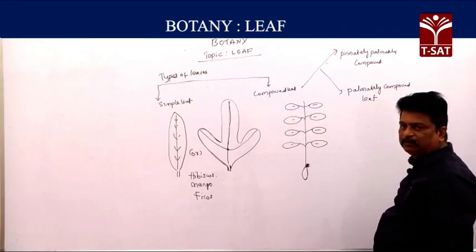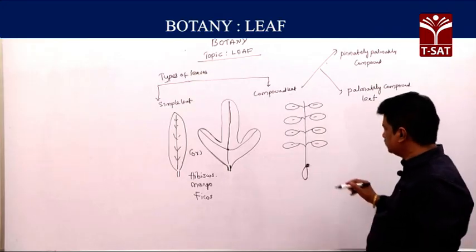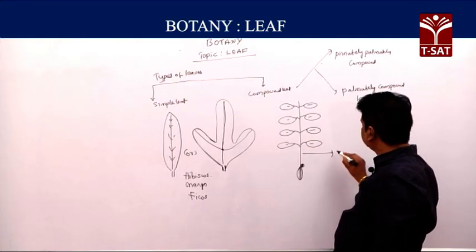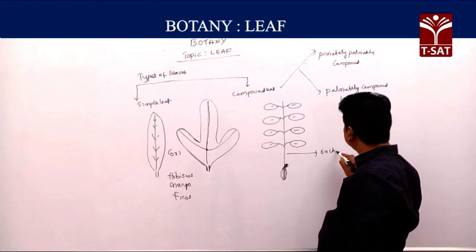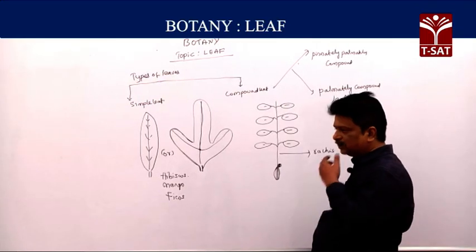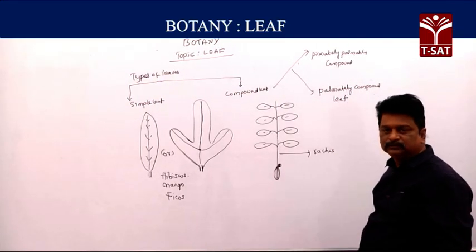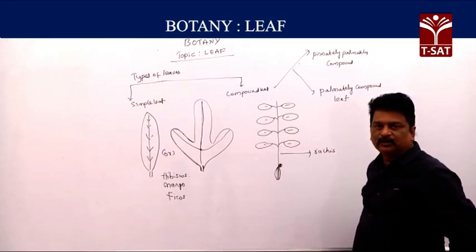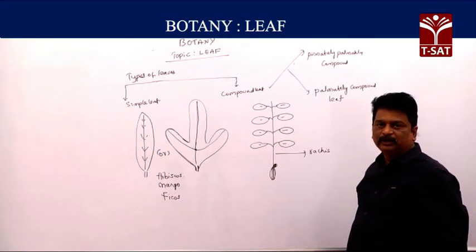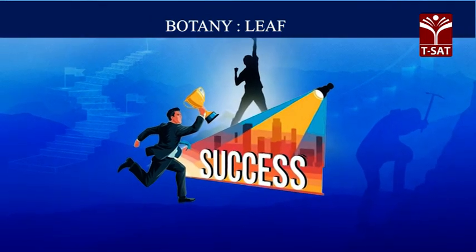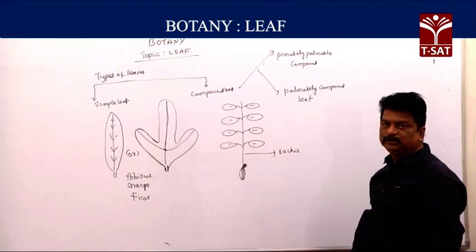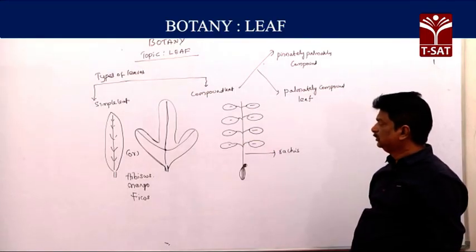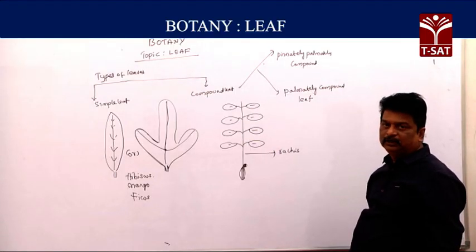In a pinnately compound leaf, an axis develops from the leaf base. Such an axis is called rachis. If leaflets are present on the rachis, such a leaf is called pinnately compound.